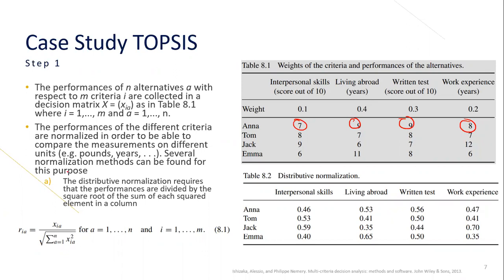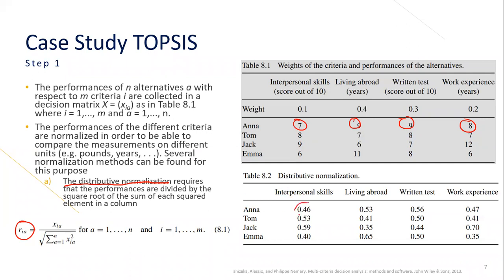In order to calculate distributive normalization, you need to use this formula. R_ia is the distributive normalization for criteria I at the alternative A.